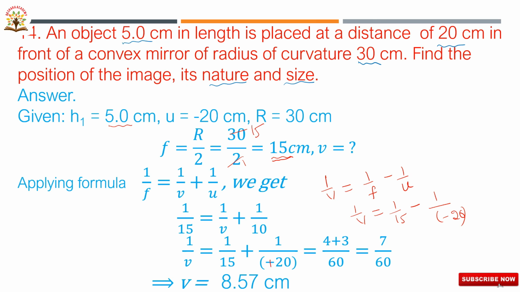So we are writing 1 by 15 plus 1 by 20. Taking LCM 60, 15 fours are 60, 20 threes are 60, 4 plus 3 is 7, so 7 by 60. 1 by v is equal to 7 by 60, v is equal to 60 by 7. We are getting 8.57 centimeters. Okay, this is the image distance.